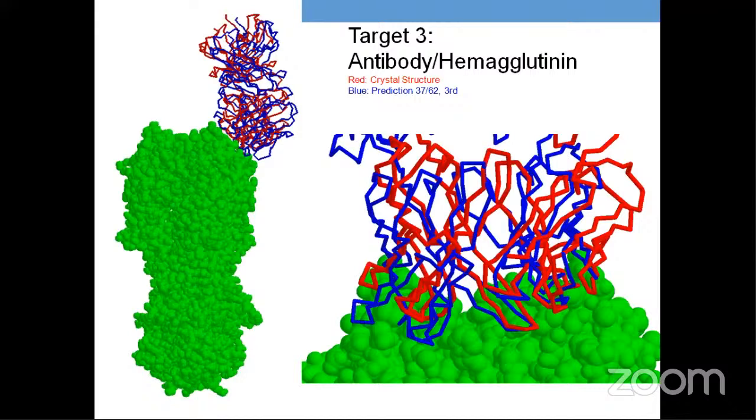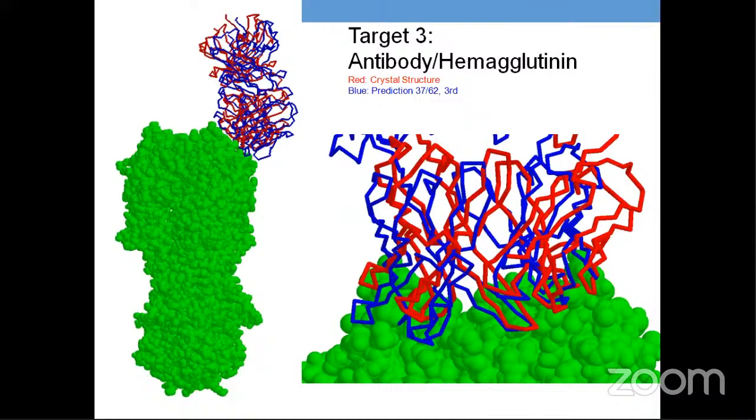That means here the docking procedure failed. Generally, docking procedure fails for antibody-antigen interactions. I'm not saying this is a rule, but in general, it has been observed that docking simulation fails in case of molecules which have a very flexible region, and antibodies have flexible regions.